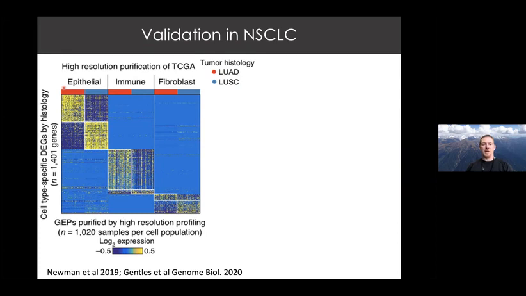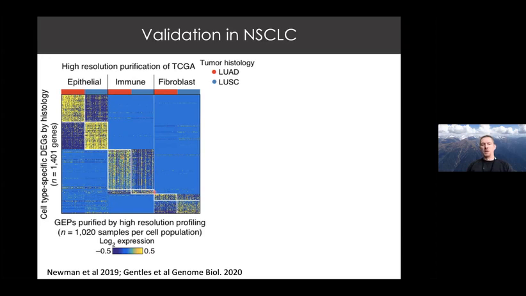We reconstructed the gene expression profile of the epithelial cells, the immune cells, and the fibroblasts across TCGA. And then when we do some clustering on it, we see that we pull out the two different types of epithelial cells in adeno versus squame. So these are genes which are typically expressed in these different types of lung cancer, for example, the basal keratins and TP63 in squamous cell carcinoma. But interestingly, we also found that there were some differences in the immune populations as well.